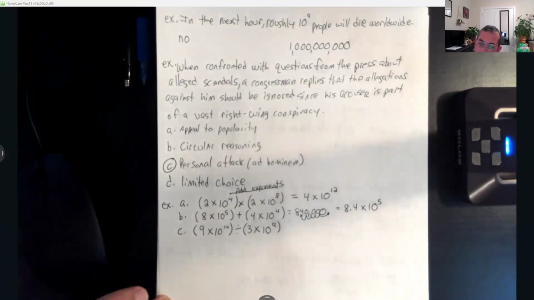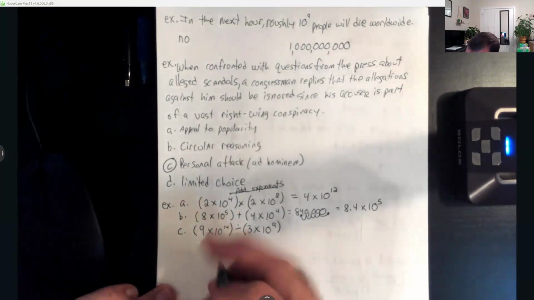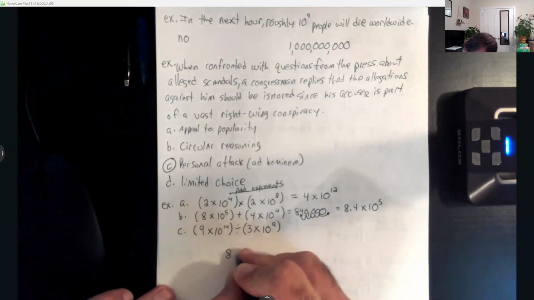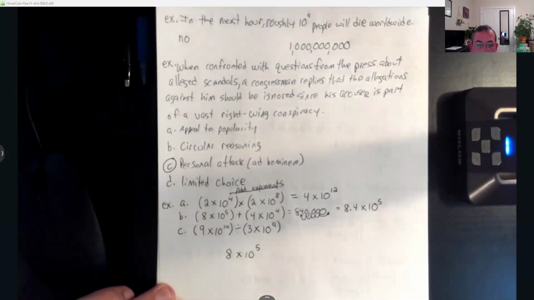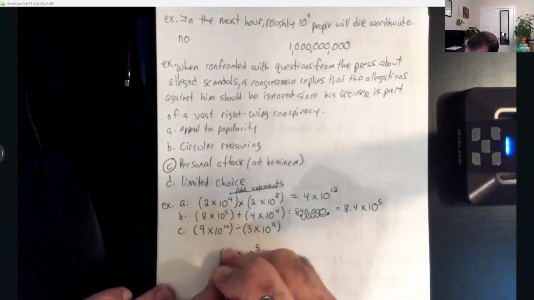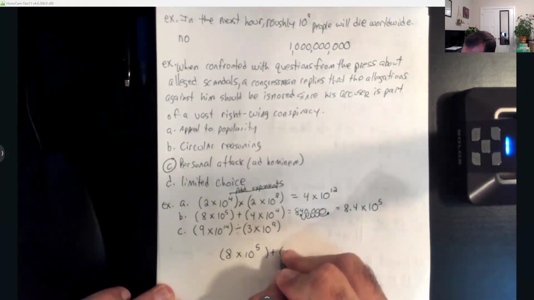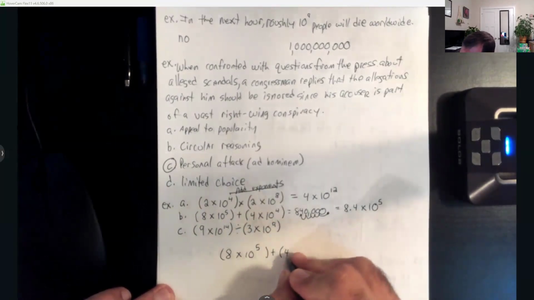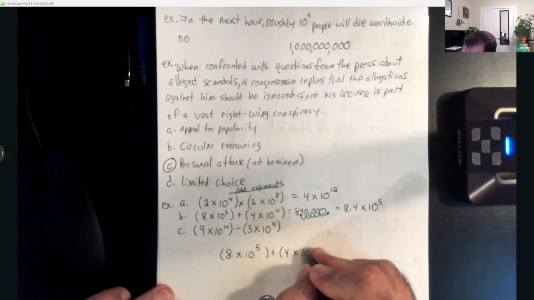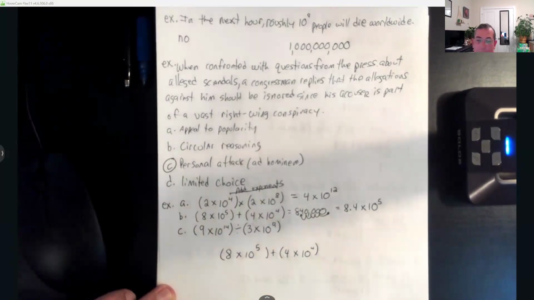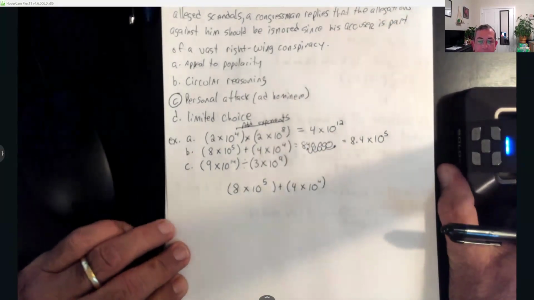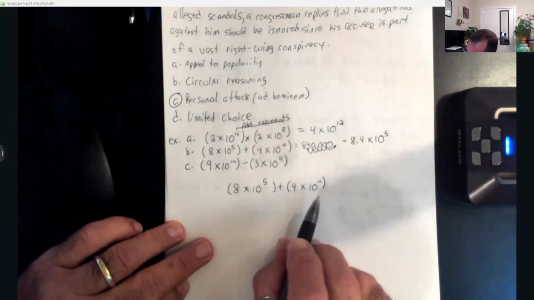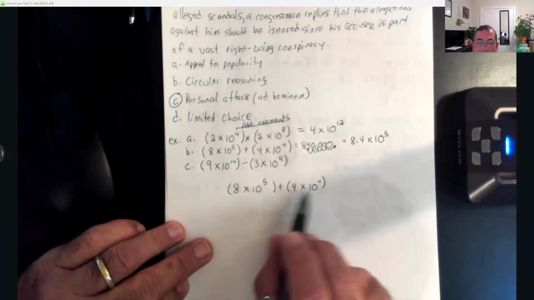All right, so let me show you how to do this one by hand. We've got 8 times 10 to the 5th, and we're going to add that to 4 times 10 to the 4th. Y'all, tell you what I need to do on this one. I need to get the exponents to match.